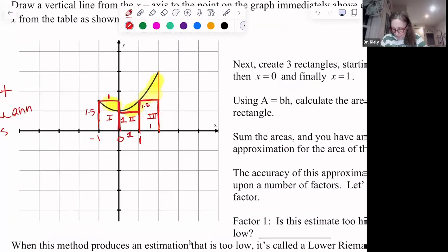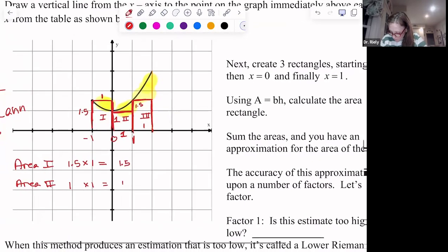I'm just going to do it right here. The area of rectangle 1 is 1.5 times 1, and that equals 1.5. The area of rectangle 2 is 1 times 1, and that equals 1.0.